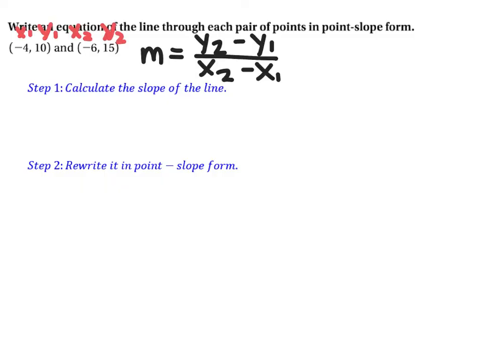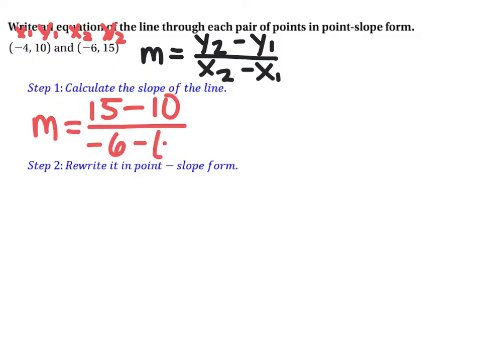In the next example, I'm writing the equation through the points -4, 10 and -6, 15. So first, I need to find the slope of the line. So I'm going to plug it into the slope formula, which is y2, so it's 15, minus y1, which is 10, over x2, which is -6, minus -4.